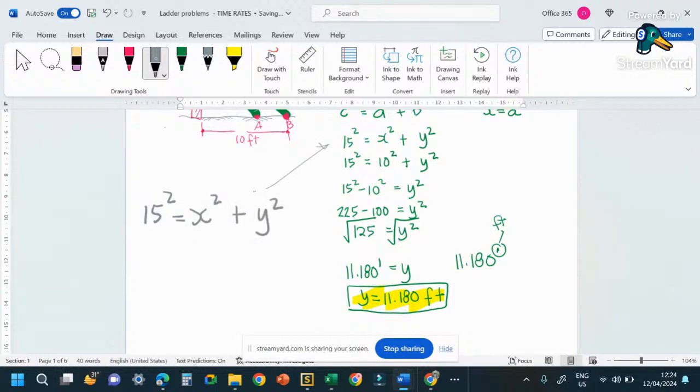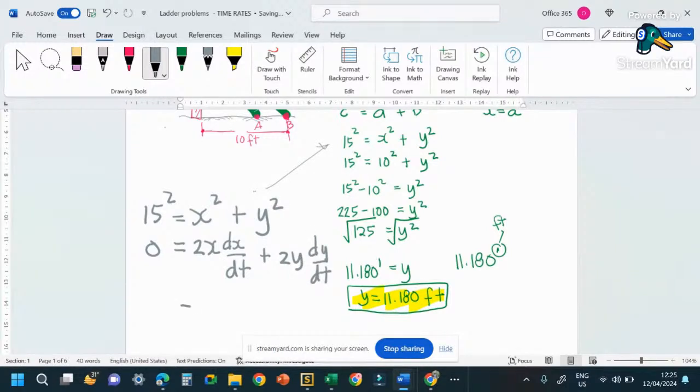The derivative of a constant is 0. The derivative of x squared with respect to time is 2x dx over dt. The derivative of y squared with respect to time will be 2y dy over dt.